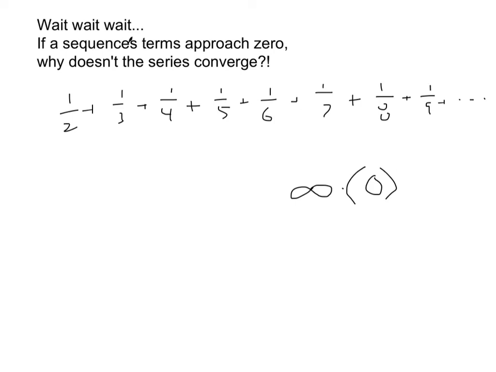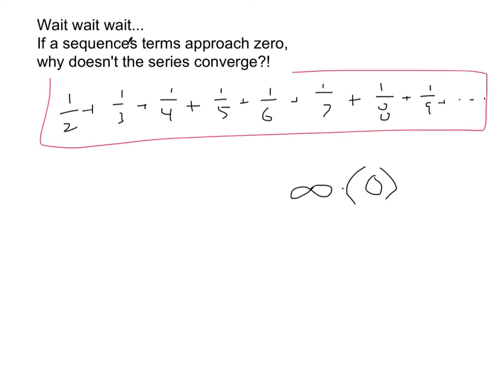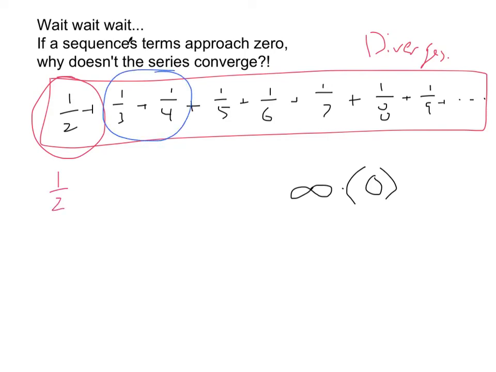And the reason I chose this particular series is that it's actually a very interesting one. Although the terms of the sequence are going to 0, this series diverges. And I can give you a proof of that, or at least a compelling argument, right? If I look at this one term, it's a half. If I look at the next two terms, 1/3 plus 1/4, that will be greater than 1/2.